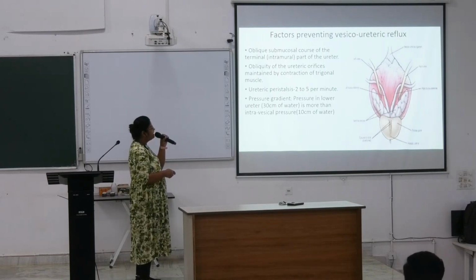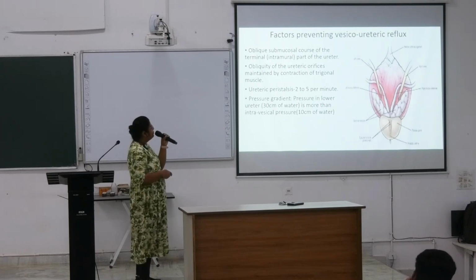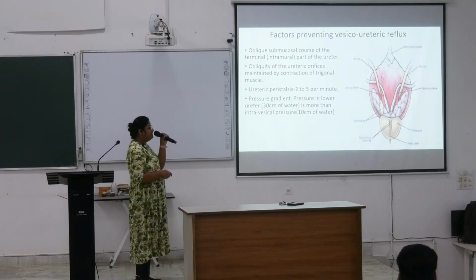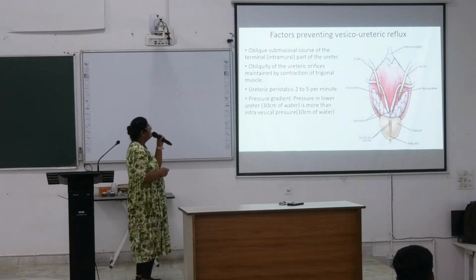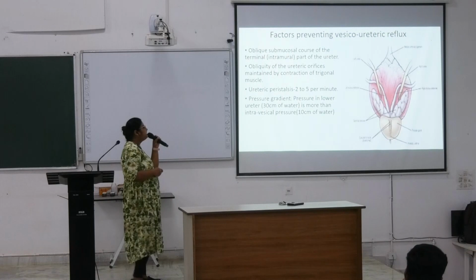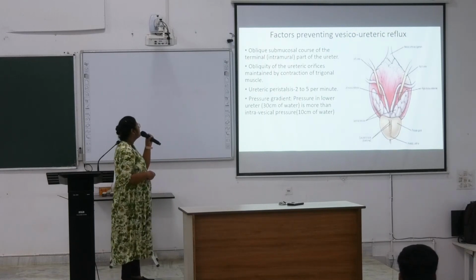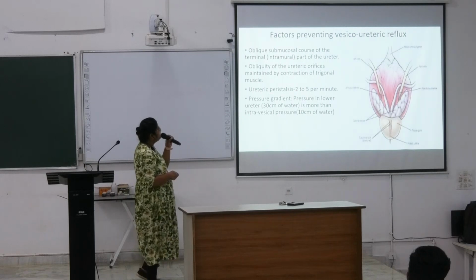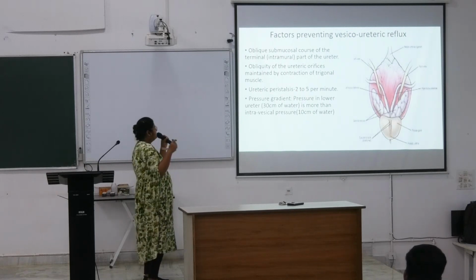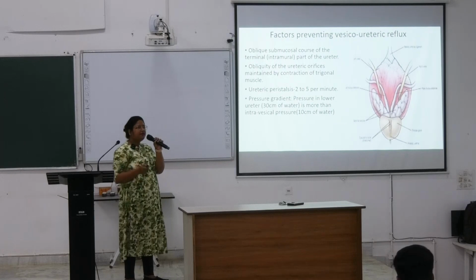This part is known as the trigone of the bladder. Contraction of these muscles maintains the obliquity of the ureteric opening and also the obliquity of the submucosal course of the ureter. Ureteric peristalsis is present, 2 to 5 per minute. It helps in drainage of urine towards the bladder.